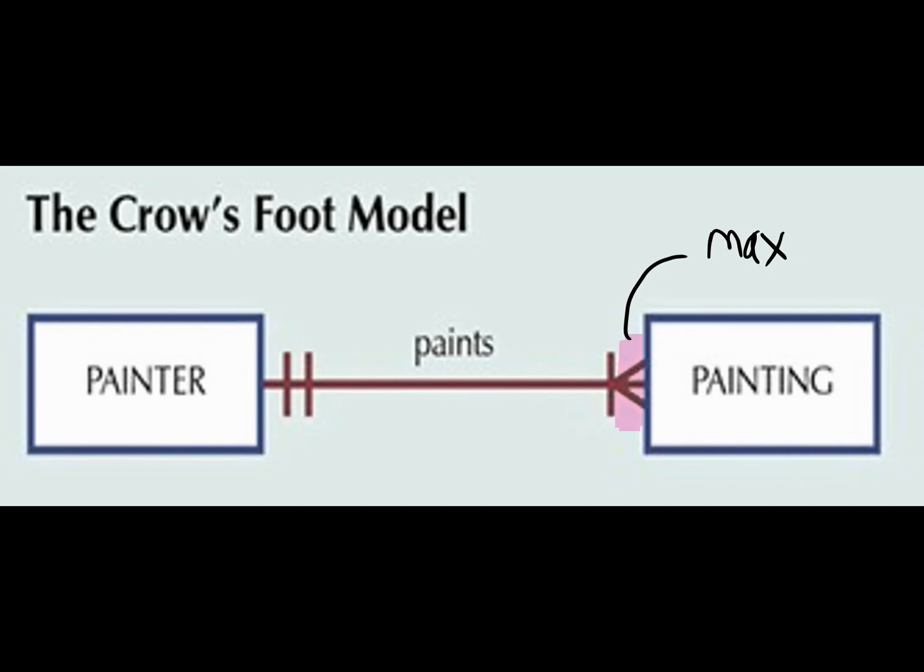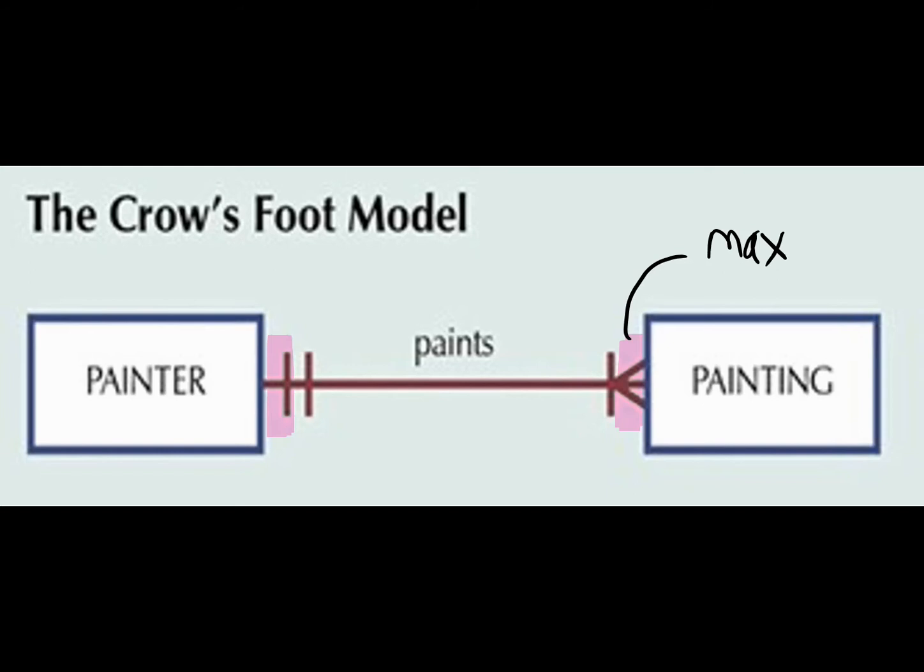Over here, this line, which is closest to the painter, says many. How do I read that? A painter can paint a maximum of many paintings, and a painting can be painted by a maximum of one painter. So no collaborative paintings.